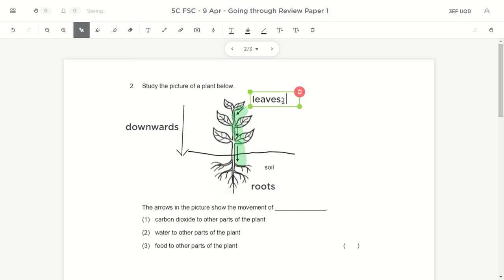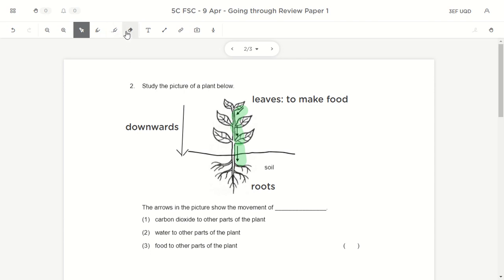The leaves make food for the plant. Since the arrows start from the leaves, the substance must come from the leaves, and since the leaves make food, food is transported down the plant to other parts through the food carrying tube and down to the roots.